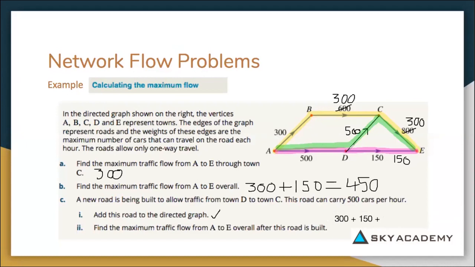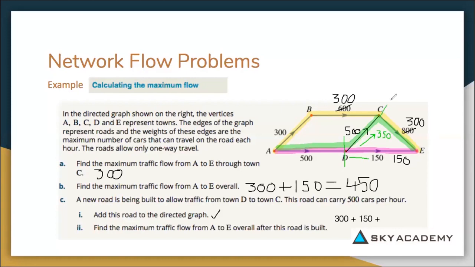But we already have 150 going across here. So when it gets here, we have broken up into 150 this way and whatever's left this way. So 500 minus 150 leaves us with 350 going this way.